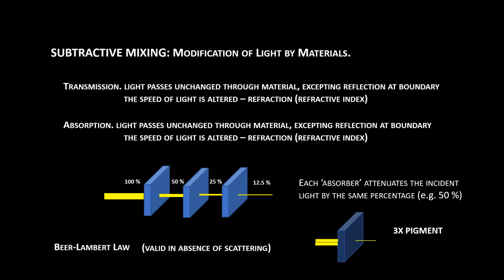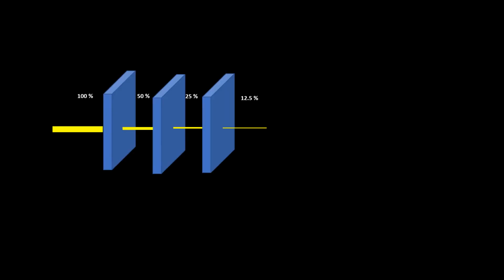If I re-examine the previous slide, namely the attenuation of light in 3 stages, I can make some statements about the mathematics that I want to use. In the previous slide, I said I can get 3 times the effect by tripling the path length, or tripling the concentration.